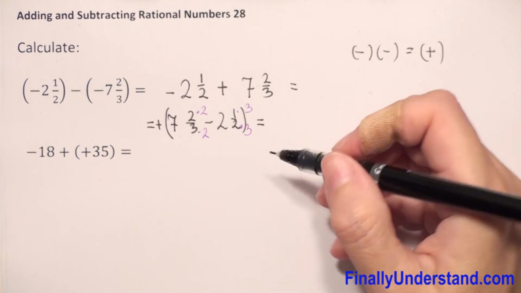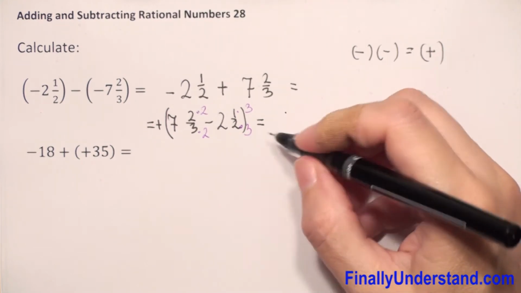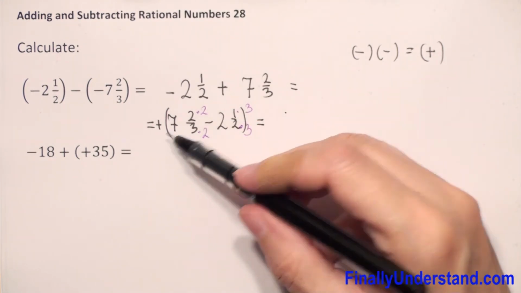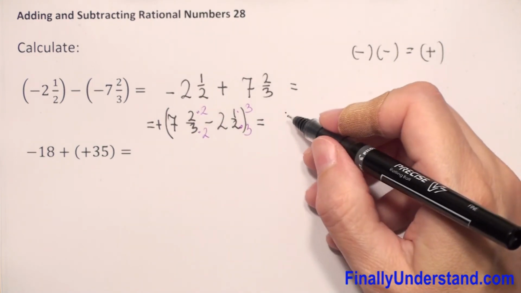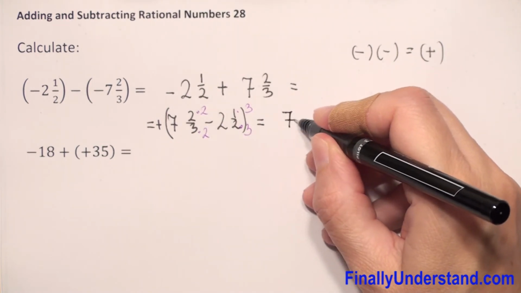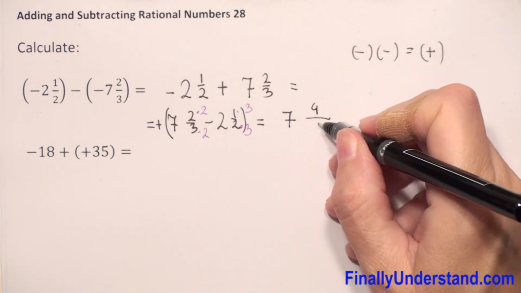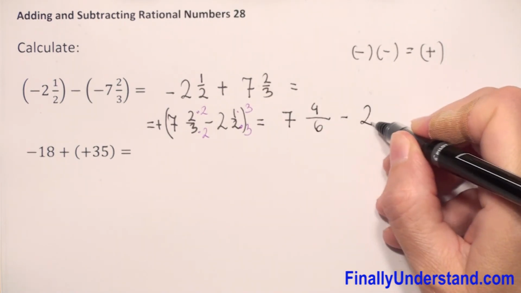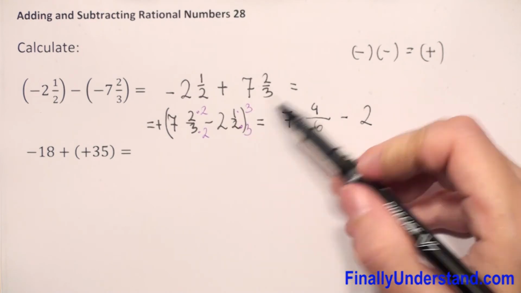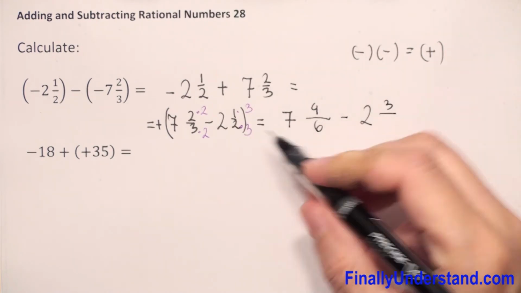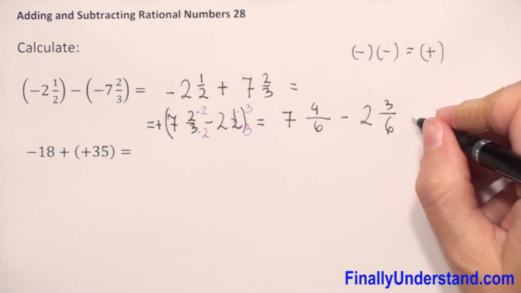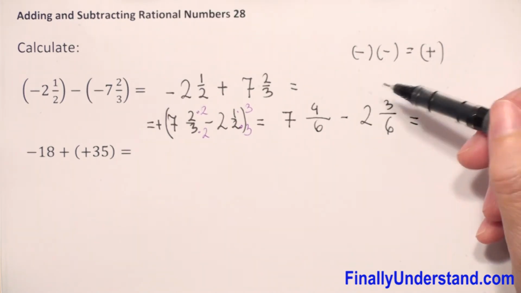Positive sign we don't have to write, so we can take off the parentheses because we have a positive sign before. So we have just 7, and 2 times 2 is 4, 3 times 2 is 6, minus 2, and we have 1 times 3 is 3, over 2 times 3 is 6. So this is equal.